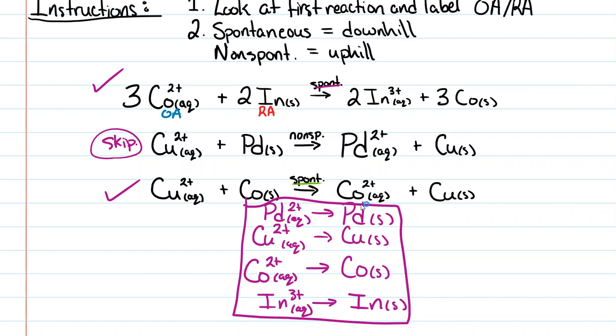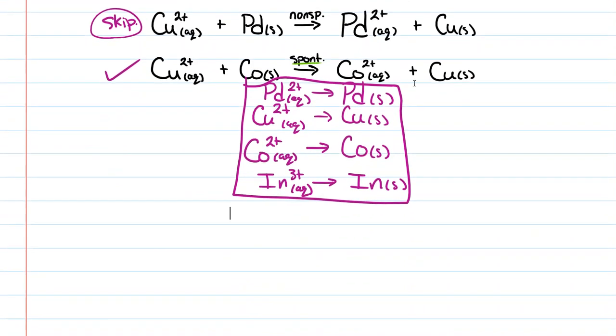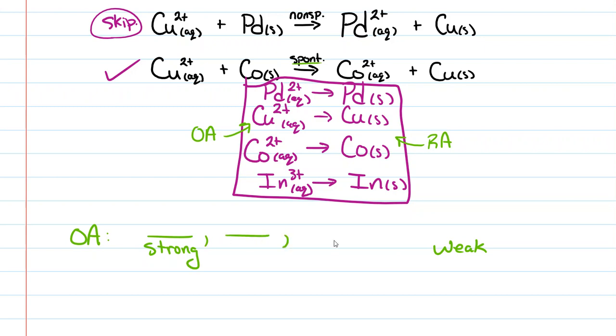And now, if I wanted to, I could rank the oxidizing agents or the reducing agents, right? On the left-hand side here, we've got oxidizing agents, and on the right-hand side, we've got reducing agents. I could rank them from strongest to weakest if I wanted to. So the oxidizing agents from strongest to weakest, and we've got 4 here.